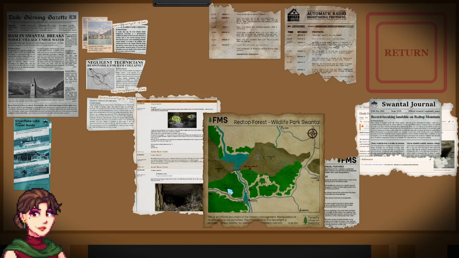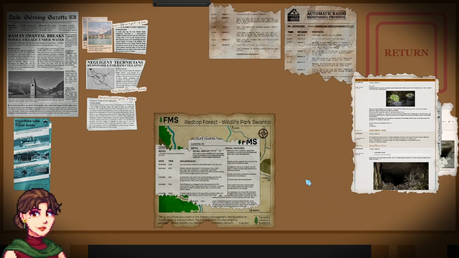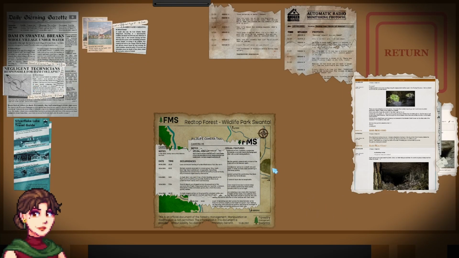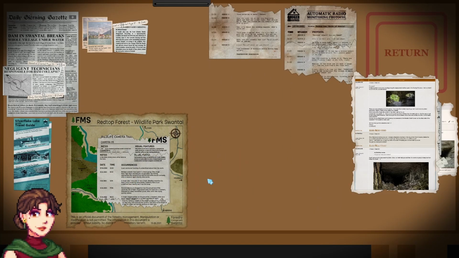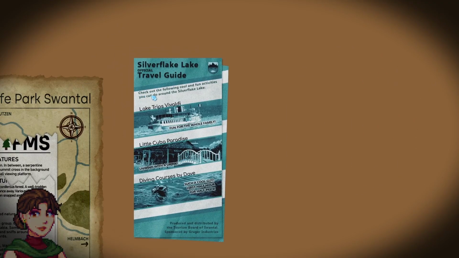And that's fair. Now for the cave. Let me just rearrange some of these things. Move this all the way over. Does this thing have anything interesting? Check out the following things you can do around Silver Flake Lake, like trips, the Volvi, Little Cuba Paradise, diving courses by Dave.